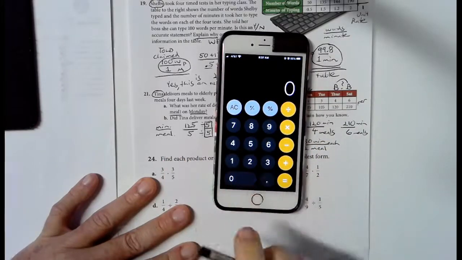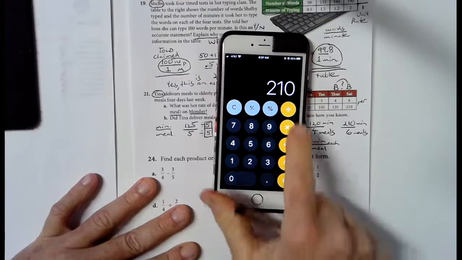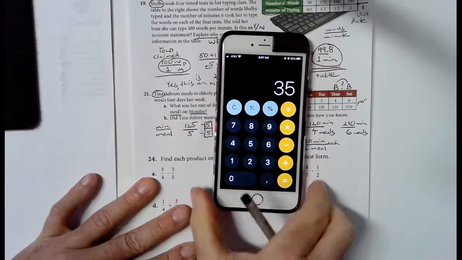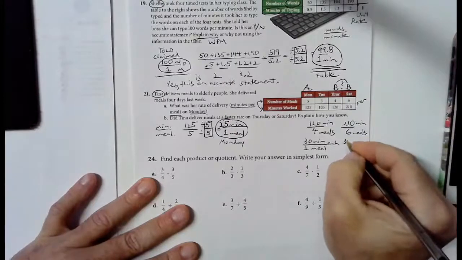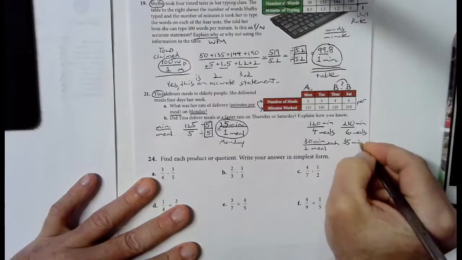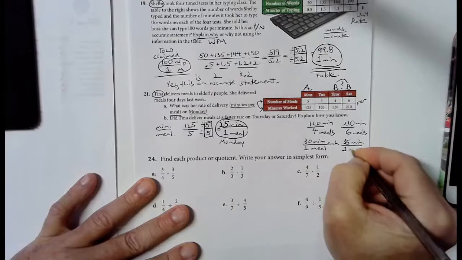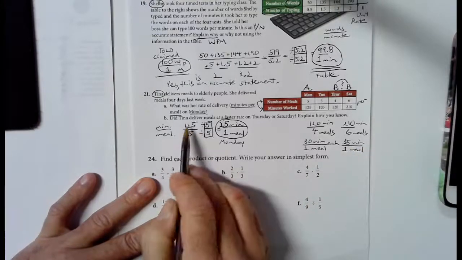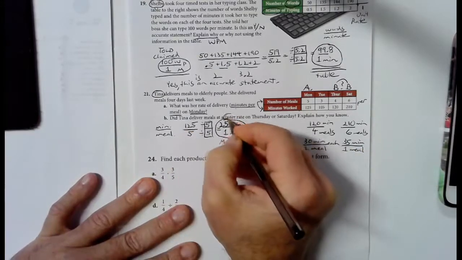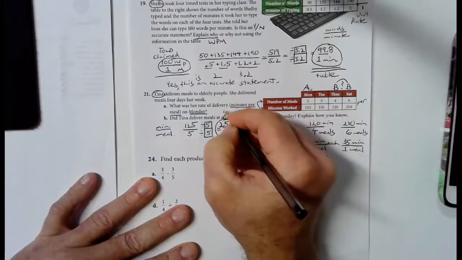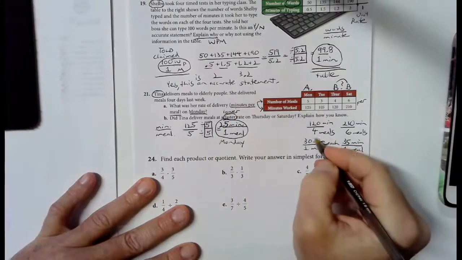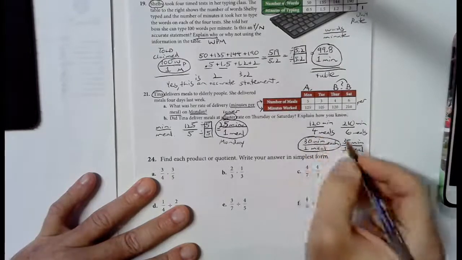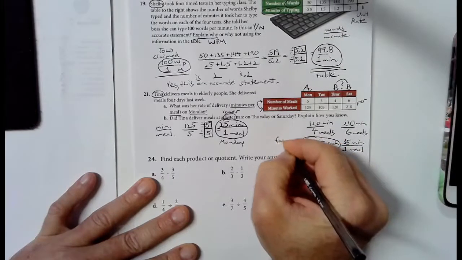Mental math is great, but let's just make sure, since I'm making a bid and I need to keep it short. 35 minutes each meal. So what's the question? Faster, which means lower, fewer minutes per meal. So she was faster on Thursday.